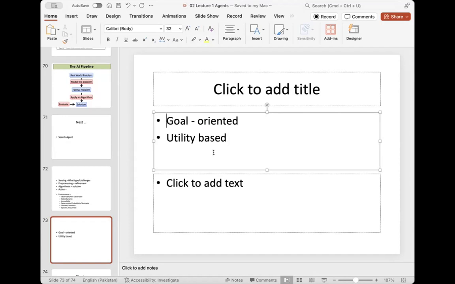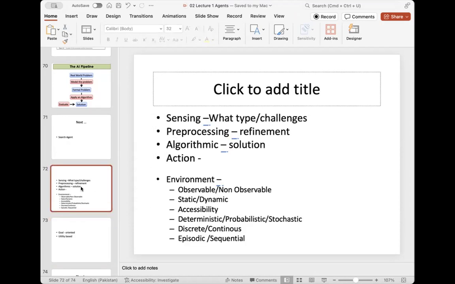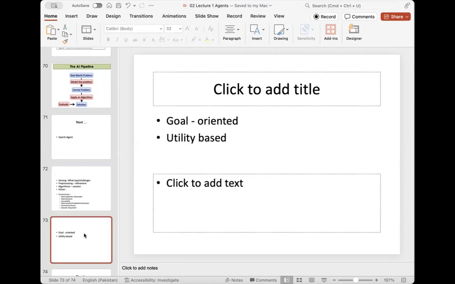I hope this is clear. If there are any questions about this, and about the goal and the utility orientation, let me know. So is this thing about goal and utility clear? Okay, Jihad. Thank you. Anyone else?